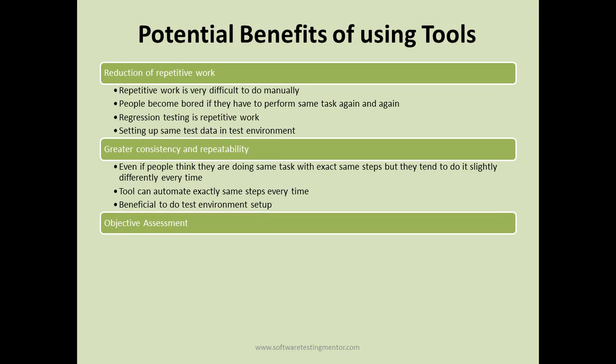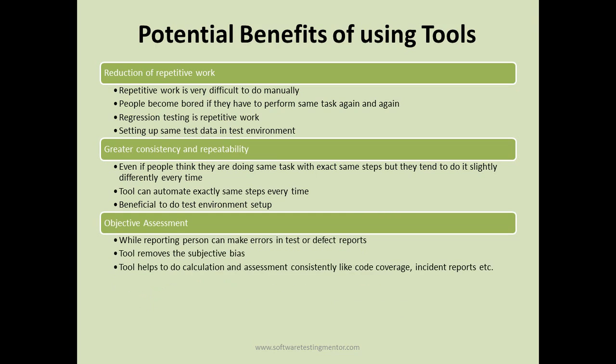Then the third benefit is objective assessment. For example, while reporting, a person can make errors in test or defect reports. If a person manually does the calculation or finds out the metrics for a report, such as a defect report or test report, he might make errors, but the tool will always give you perfect and correct data for the report.